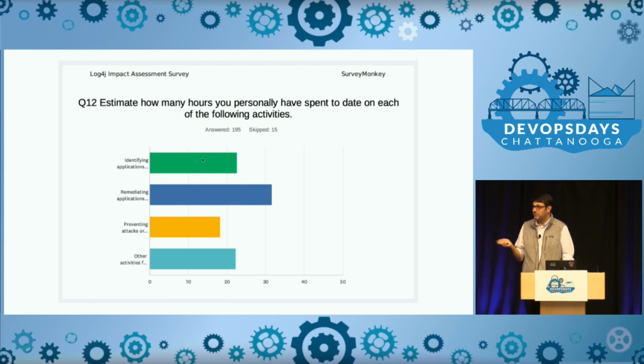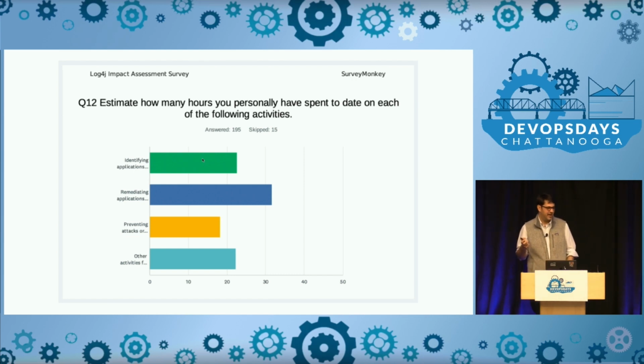I know most of the people in here probably had some kind of impact, whether your code was actually impacted or not. You probably spent a lot of time trying to figure out if your code was affected. That's that green line on this graph, the top line. Our company did a survey.